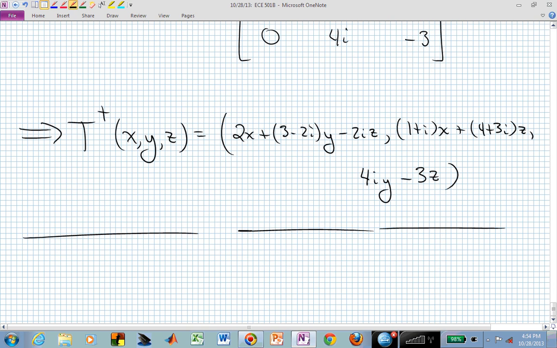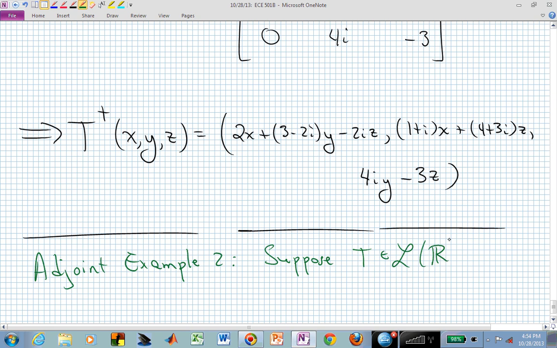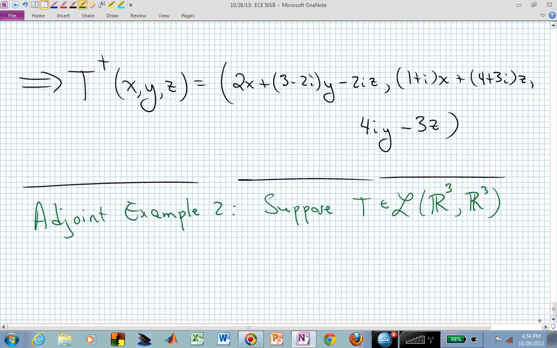So let's do example 2. And this is going to be adjoint example 2. Since I want to get even more warm and fuzzy with the feeling about this, let's work with real vector spaces, R3 to R3.